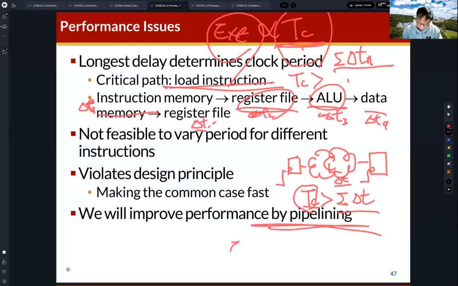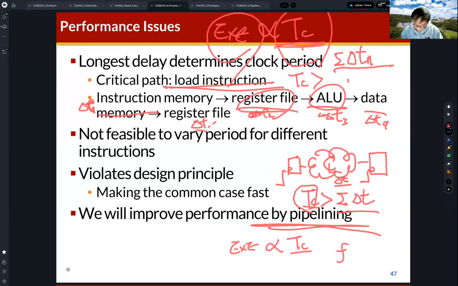I mentioned that the execution time of a computer system is proportional to the clock period. If the delay of the combinational logic is long, we need to set a long clock period for the clock signal, which means the clock frequency decreases.